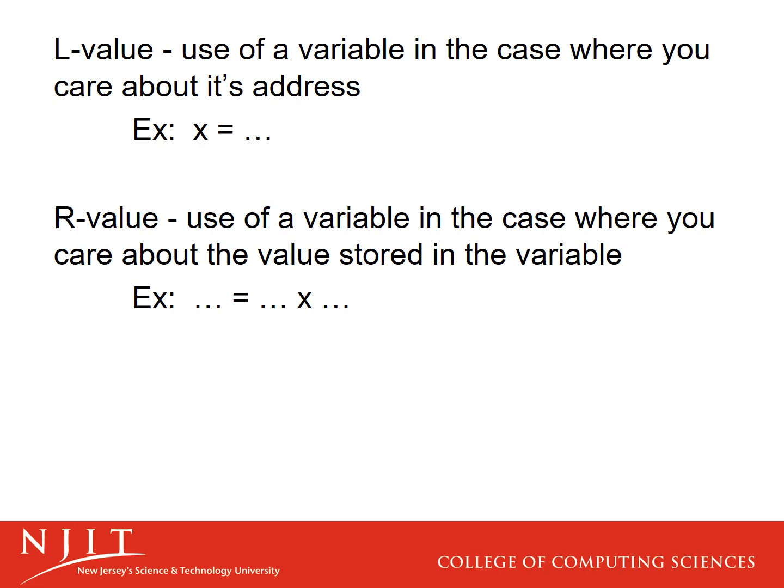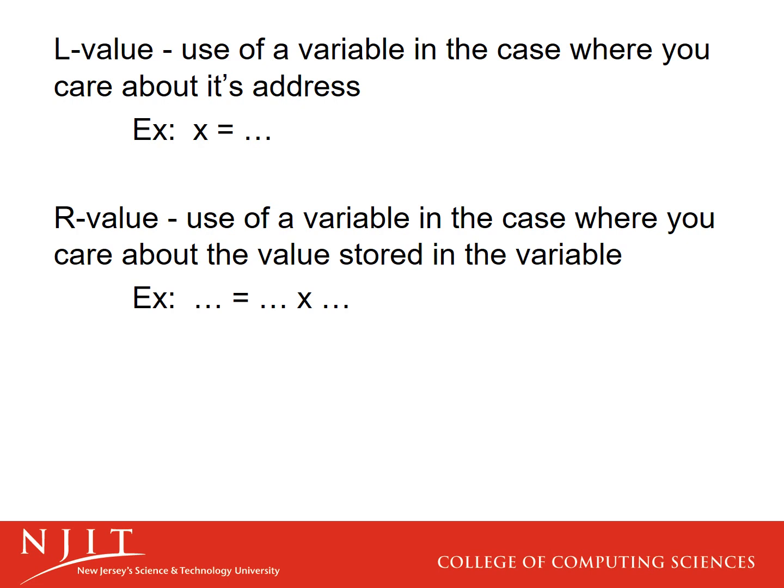On the bottom, we see the use of x in an expression, right? So it's somewhere on the right-hand side of the equal sign there. So we use the phrase R value. The R value of a variable is the value that is bound to the variable. So the L value is the address that's bound to the variable, and the R value is the value that's bound to the variable.